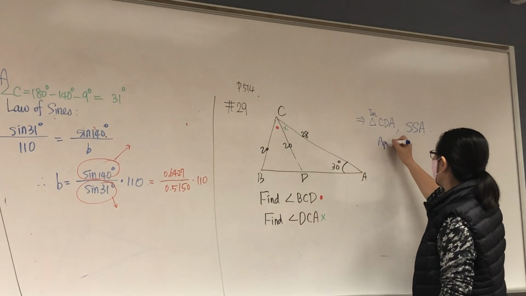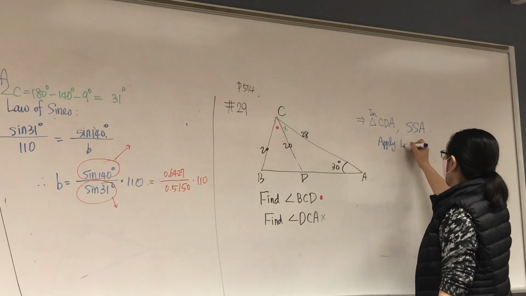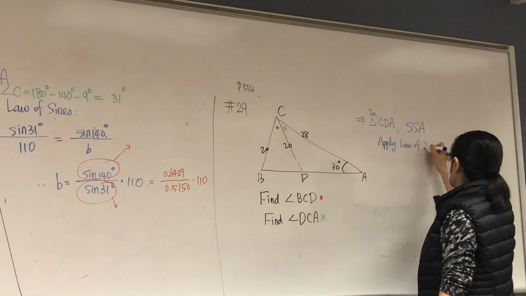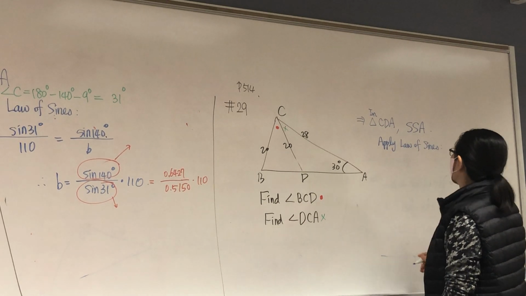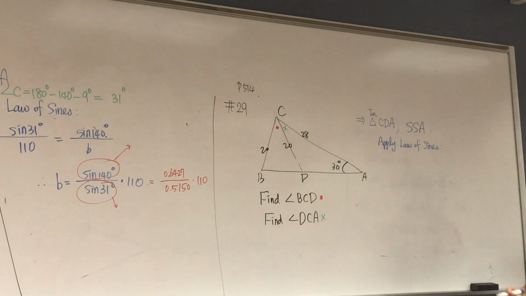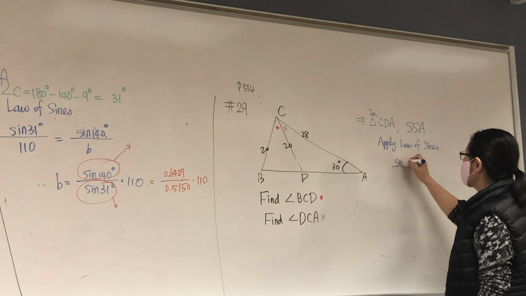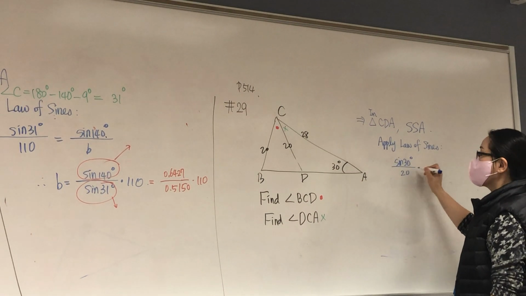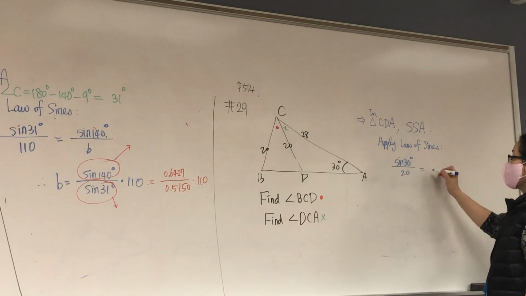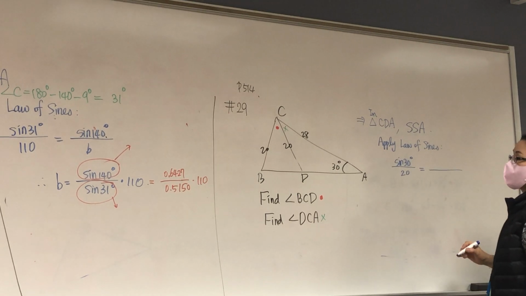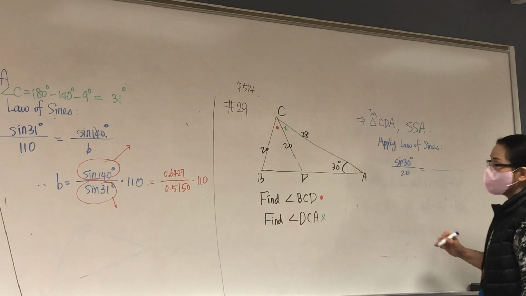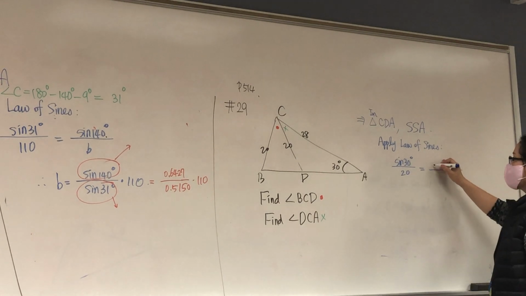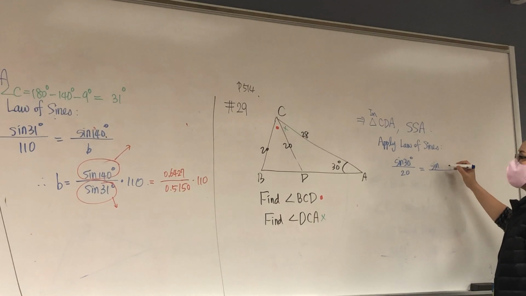So apply the law of sines. How to? Sine 30 over 20. Good. Sine 30 over 20 equals sine D over 28.